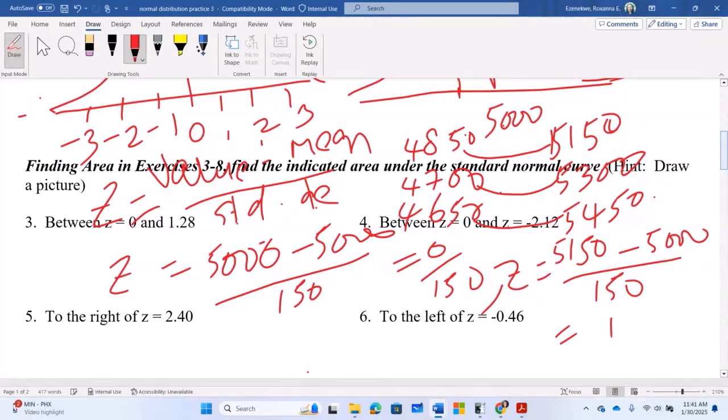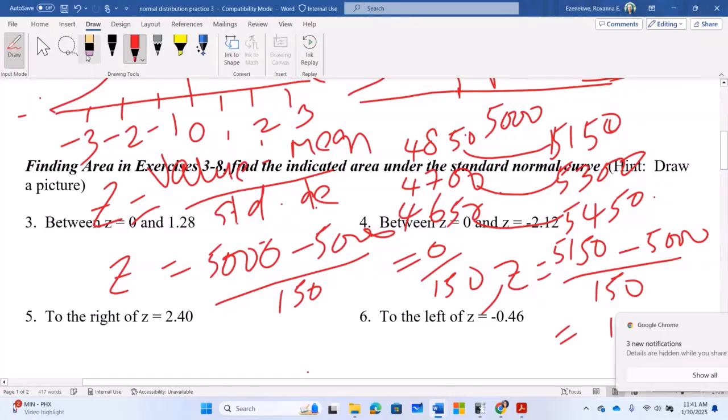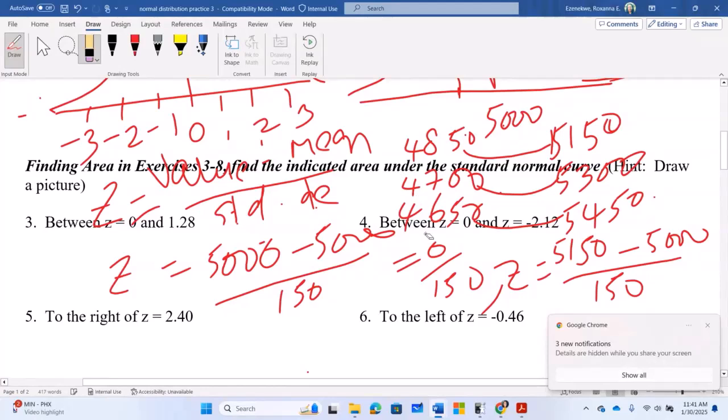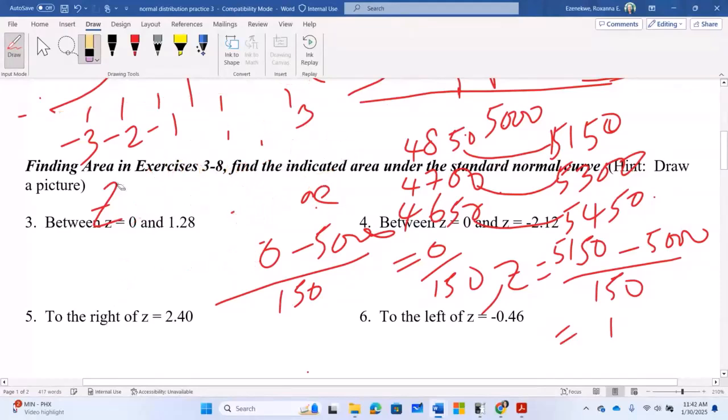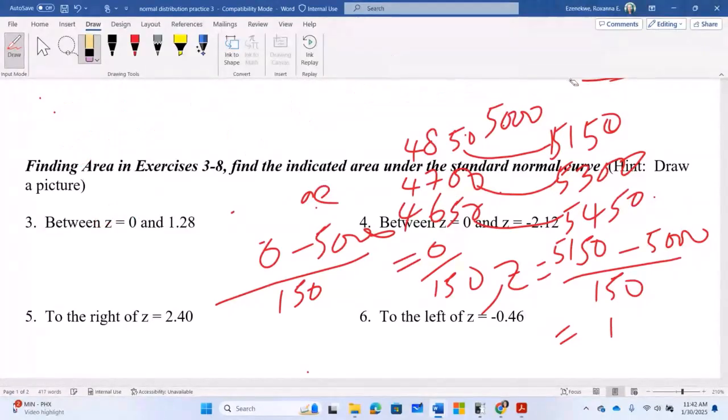Okay, so let's go to question number 3. And I want to explain to you why you need to know how to use your calculator. You need to know how to use your calculator because not all questions on empirical rule come easy like that. So knowing how to use your calculator will be your best bet.